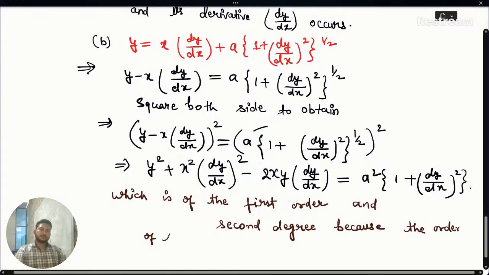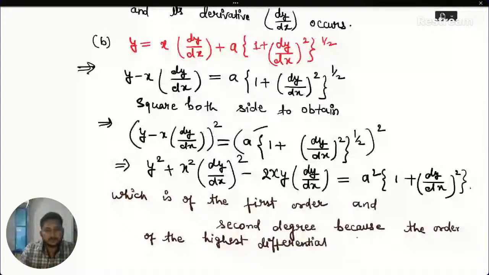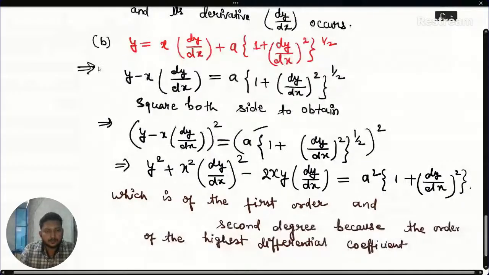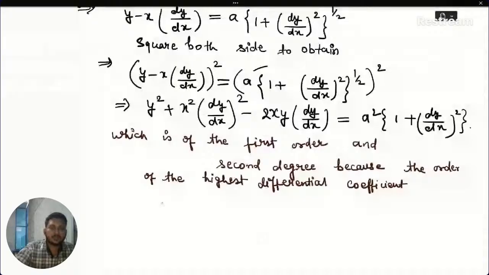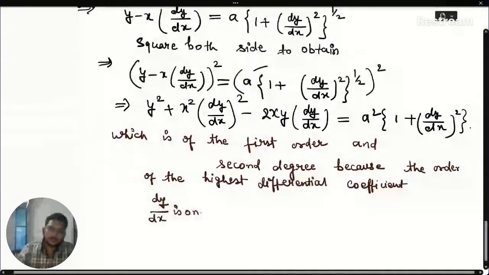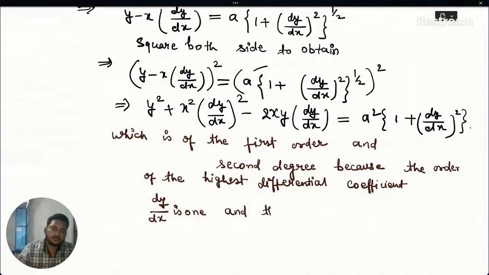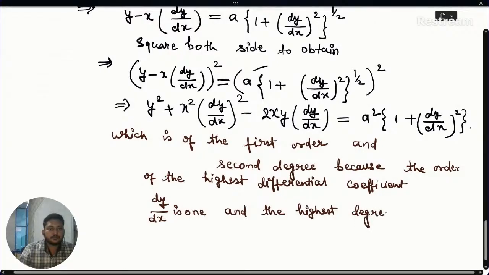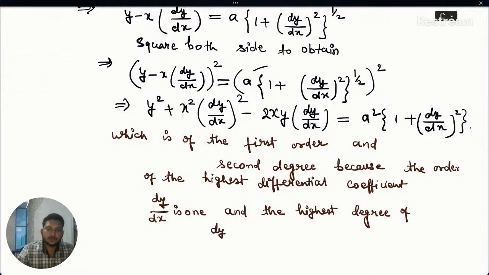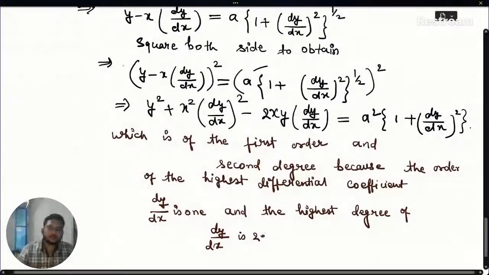Because the order of the highest differential coefficient dy upon dx is 1, and the highest degree of dy upon dx is 2, I think it is clear for you.